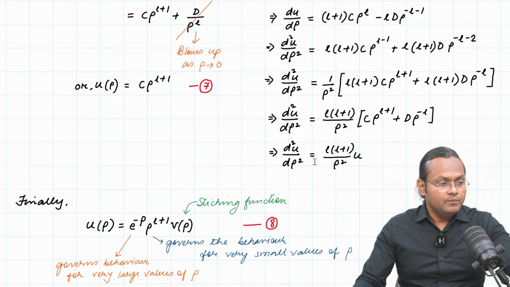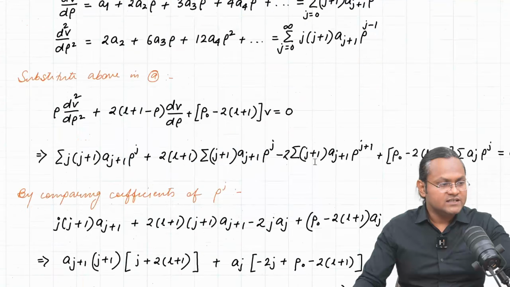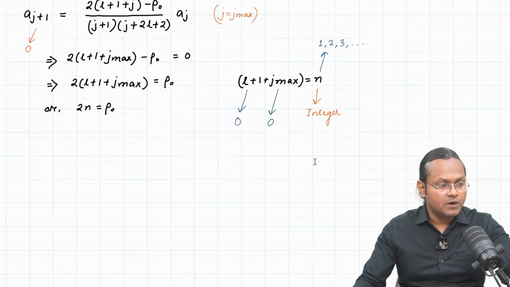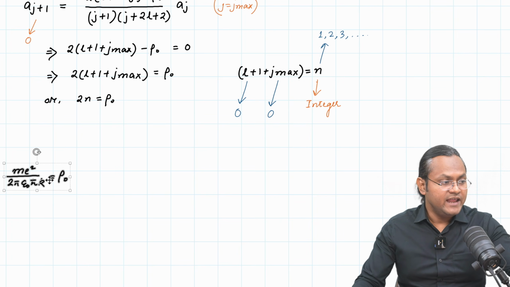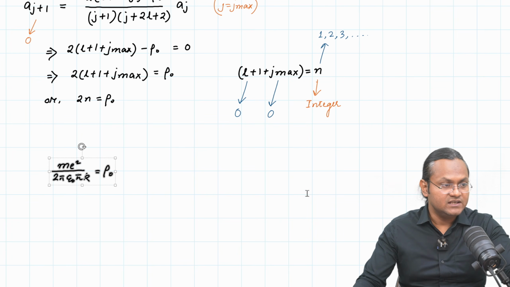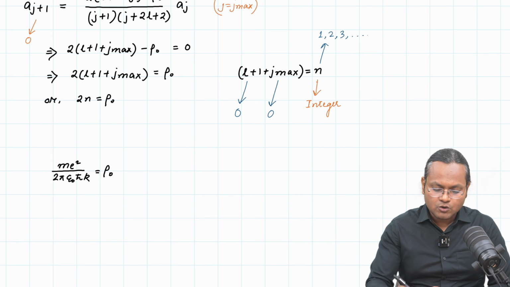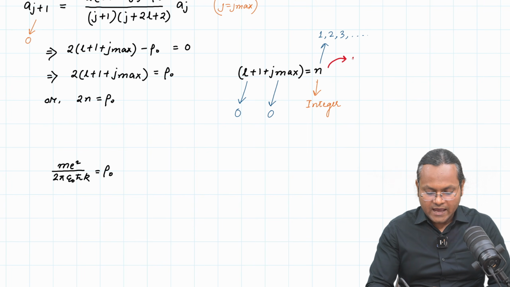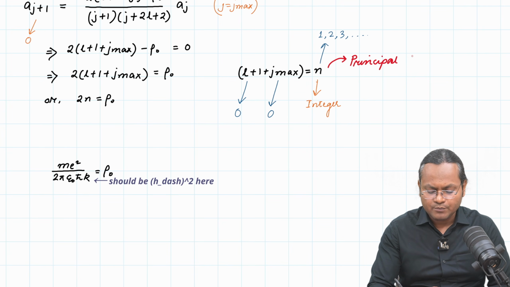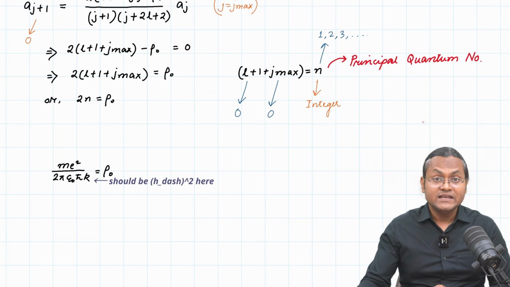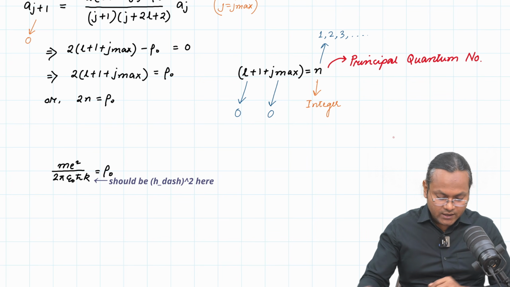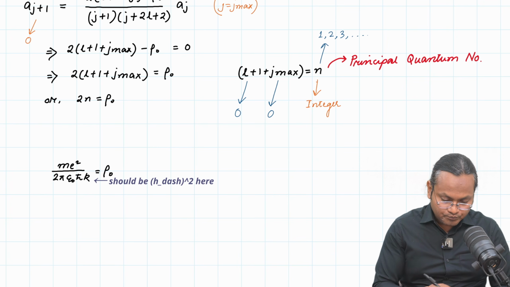So the imposition that the series must terminate led to this particular quantum number n, which is related to the nature of the termination of the particular series, which introduces a distinct quantization behavior. And I'm just mentioning it here, but this will be known as the principal quantum number. Why principal quantum number? Because as I am going to show it to you, it's going to be related to energy quantization.